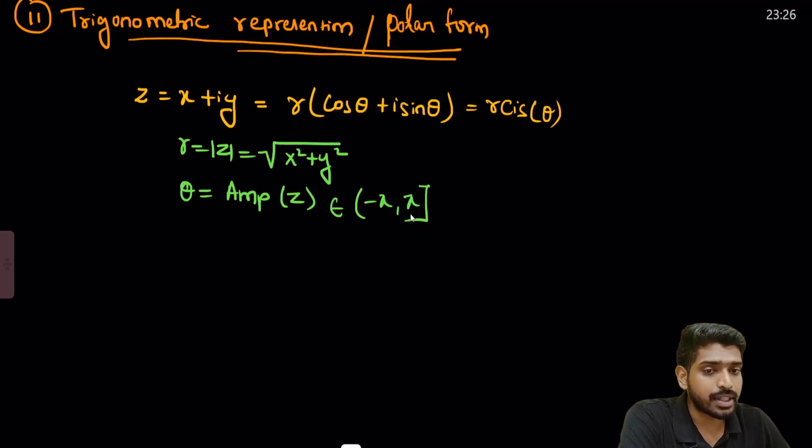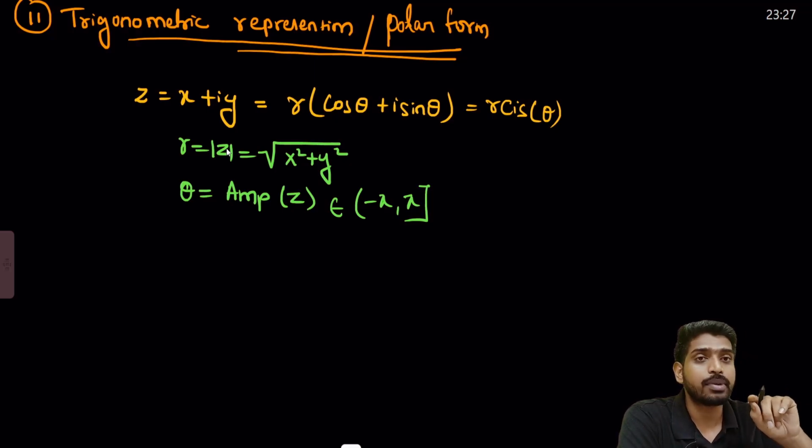Theta will always be in this range. R is the modulus of this complex number. I told in the previous videos also that the modulus, R, can't be negative. Theta should be from minus 180 degree to plus 180 degree.